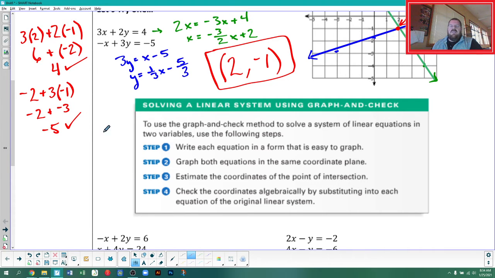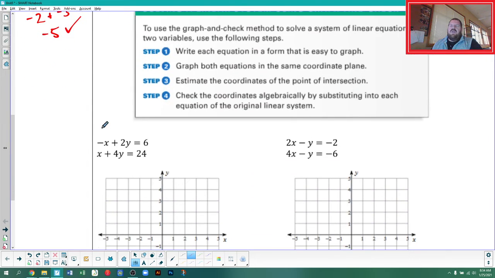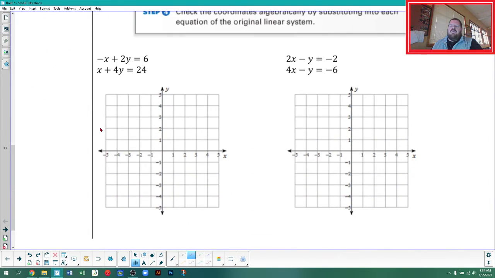That's what I did there. But again, I'm pretty good most of the time. You show me the graph and you go with the point that it looks like they cross at, I'm usually pretty happy with that.